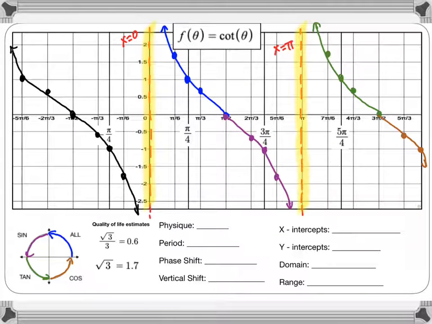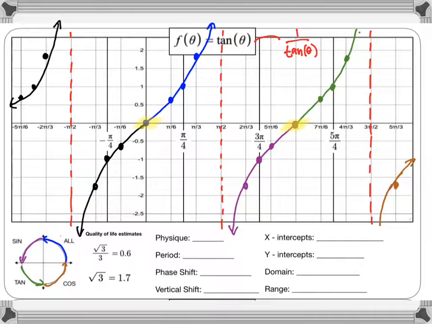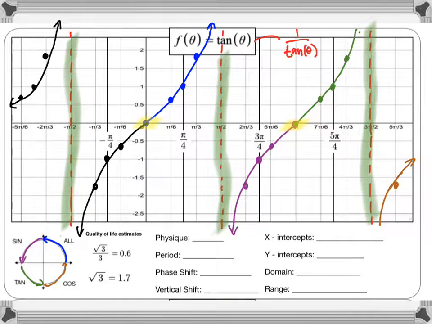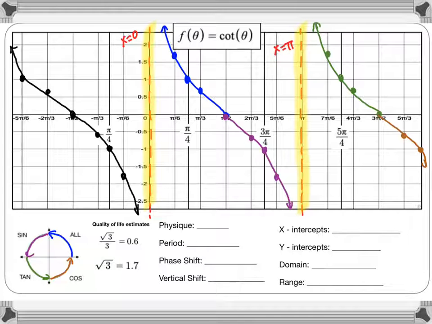That means if I take the reciprocal of 0, that's undefined, because that would be 1 over 0. And likewise, everywhere that tangent had an asymptote, which is here and here and here, there are going to be x-intercepts for cotangent. And so that's where the graph comes from.